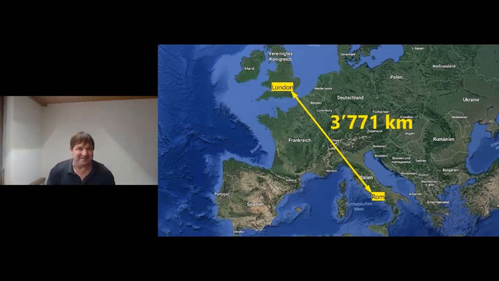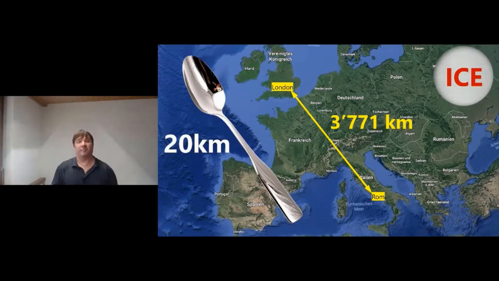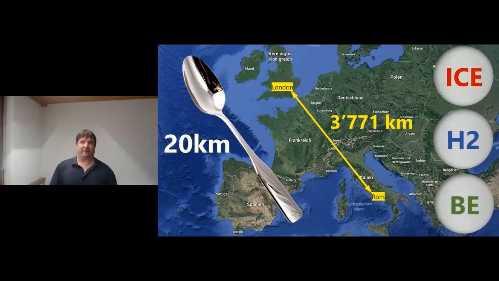And imagine they make that road with 1 liter of gasoline. That's impossible, isn't it? Compared to your daily commute to and from work, you make the 20 kilometers with just 1 teaspoon of gasoline. And what I like most about this event, it includes internal combustion engine, hydrogen cars, as well as battery electric. So it's a combination of all the 3 energy types.